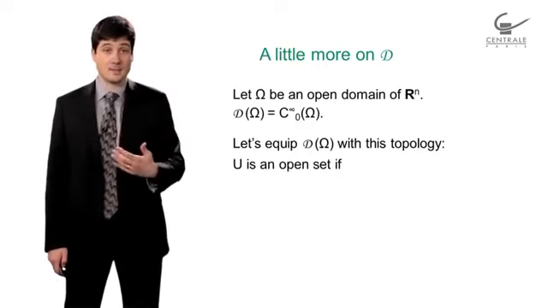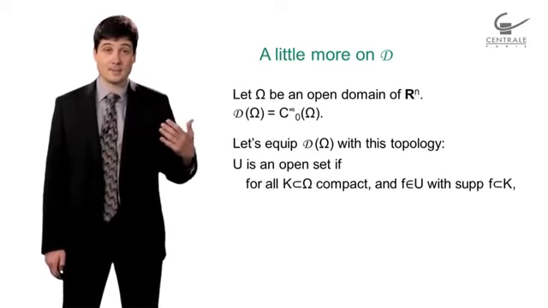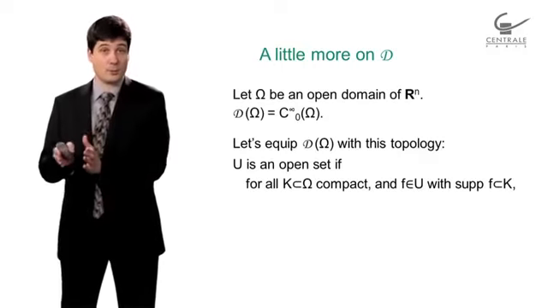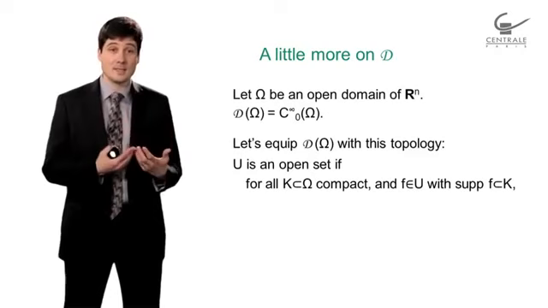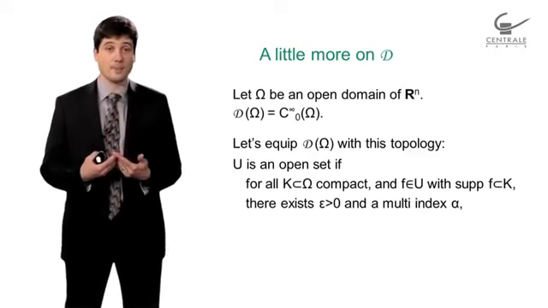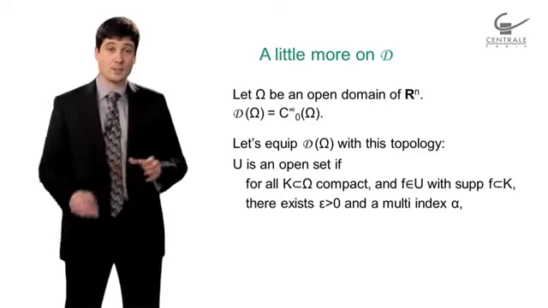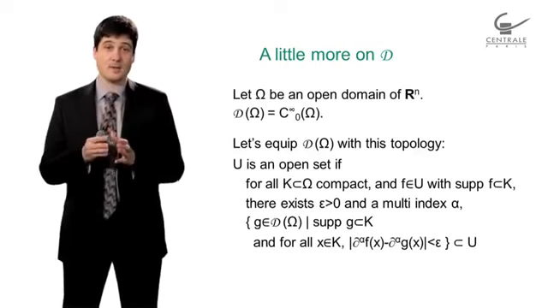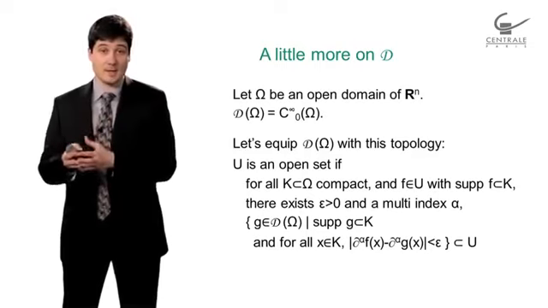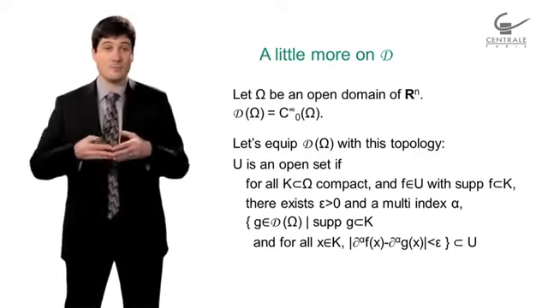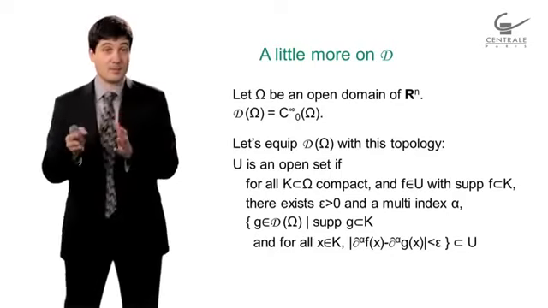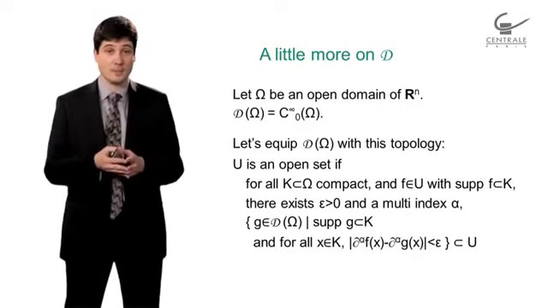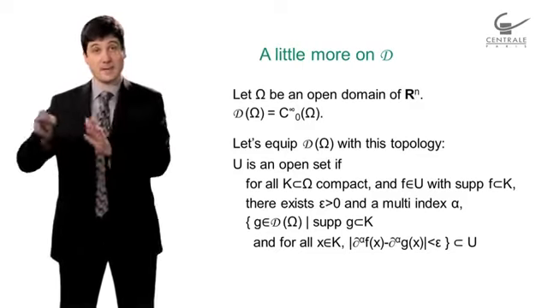U is an open set if for all compact sets K and for all functions f in U with compact support included in K, then there exists an epsilon positive but not zero and a multi-index alpha such that the set of functions G that are elements of D of omega, such that the support of G is included in K, and for all x in K, the derivatives of f minus the derivatives of G for any types of derivatives, so this is where the multi-index notation comes into play, smaller than epsilon, is included in U.